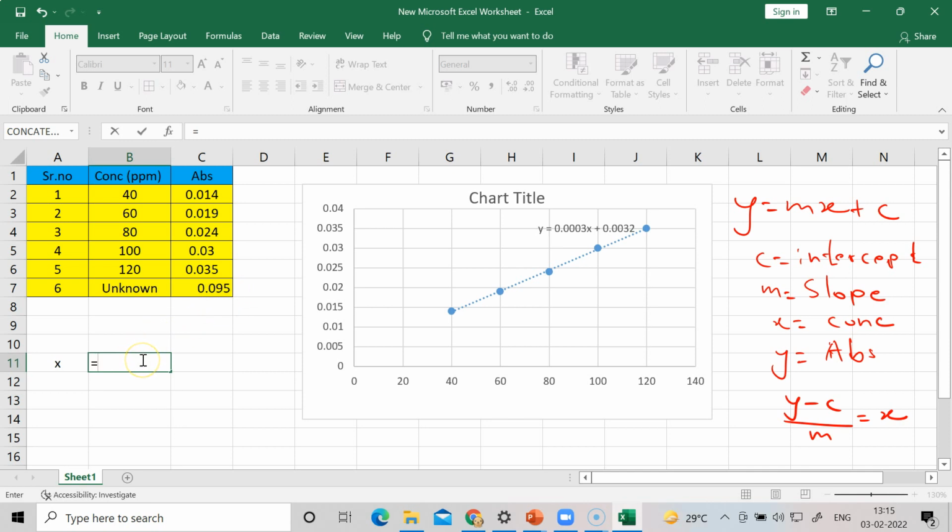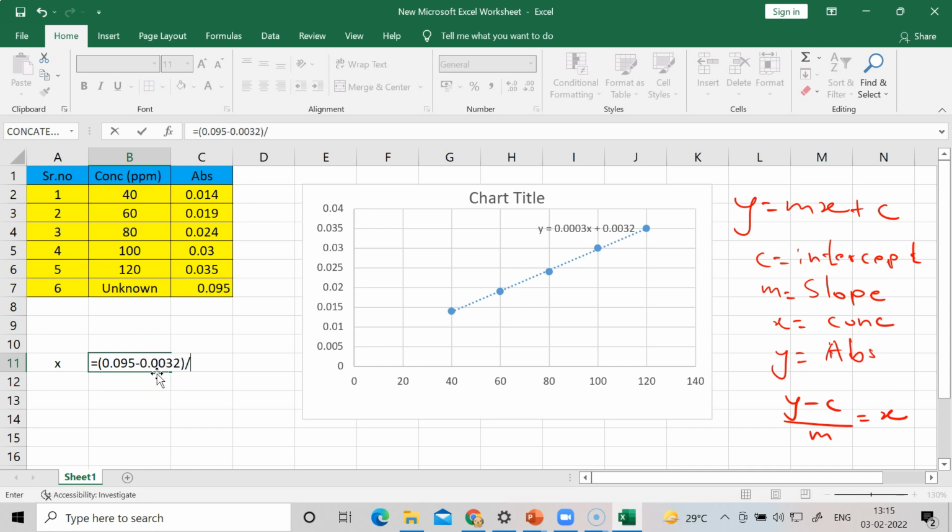I will write it, I will solve it. Now press equal to, see the value of y, so that is absorbance. Firstly put a bracket, so it is 0.095, and minus c, so c here is the intercept, that is 0.032.